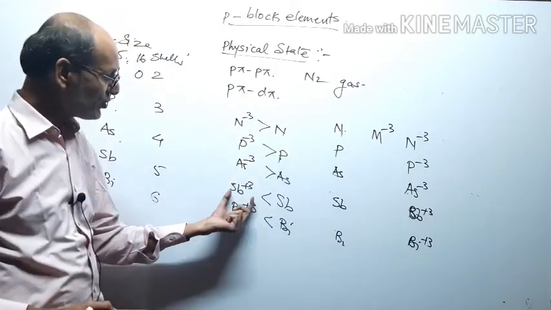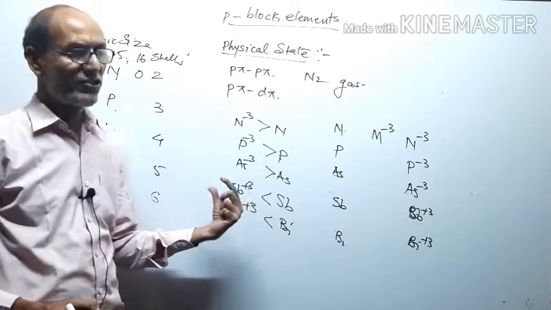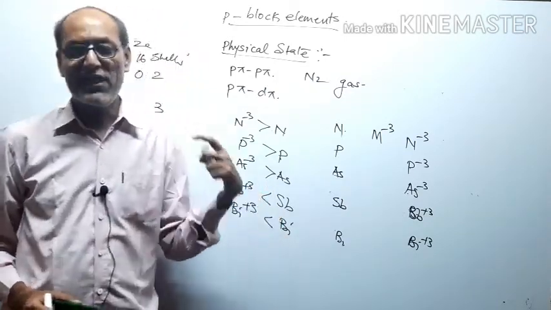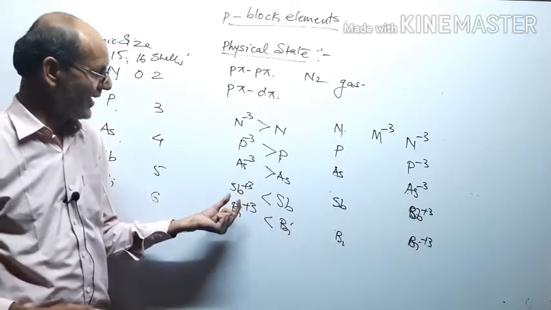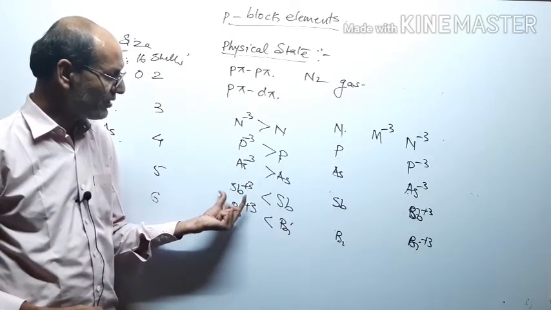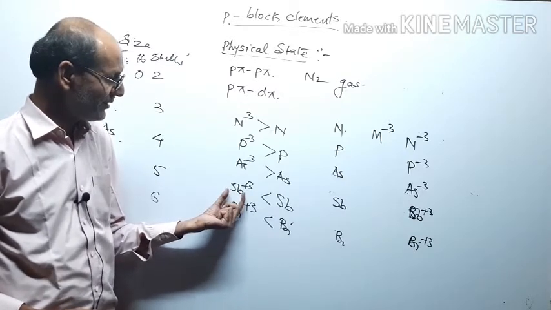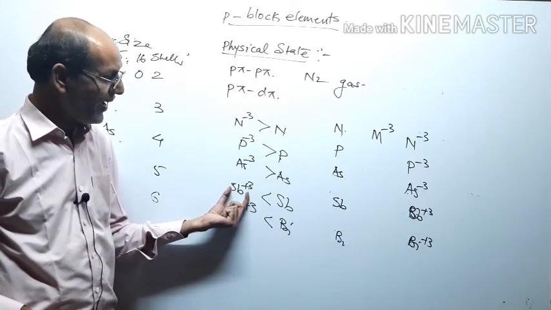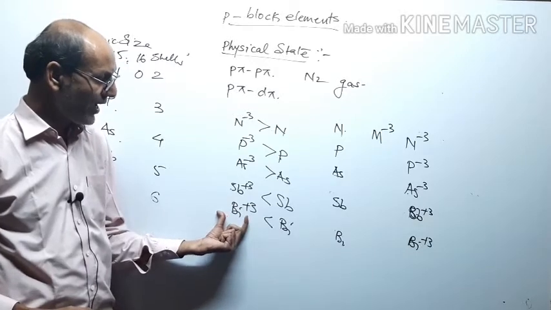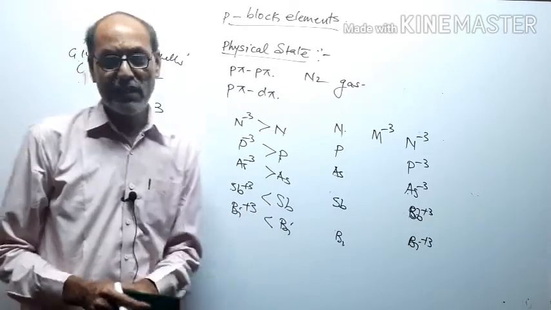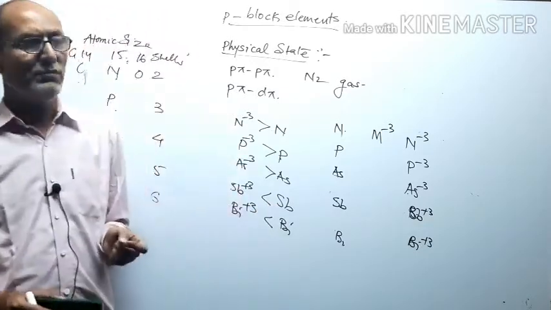In case of the positive ion, what do you observe? Loss of electrons will take place and the attraction between the valence electrons and the nucleus will increase and the size of the positive ion will decrease. So Sb3+ or Bi3+ has a smaller size in comparison to their respective parent atoms.